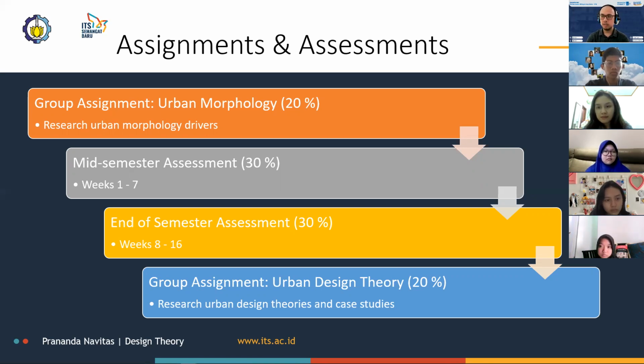So it is basically having a look at a city, so city A or city B, depending on what the group agrees upon, and then having a look at its morphology and trying to figure out, you'll research what makes it look like that, basically, and then you will present your group's findings after the mid-semester assessment.